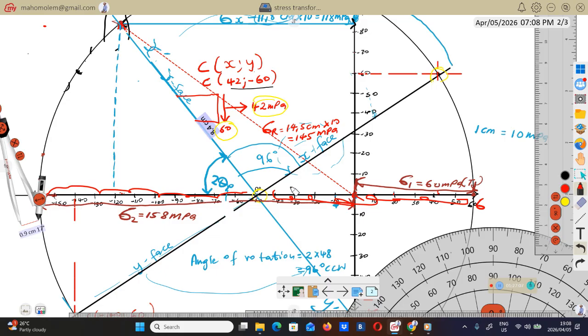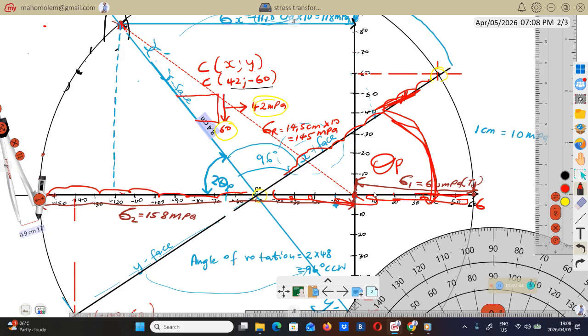Now we want to know the angle at which we must rotate this black line so that it can reach this principal plane, the plane where there is no shear stress. We must rotate this line by this angle, which we're going to call theta p.